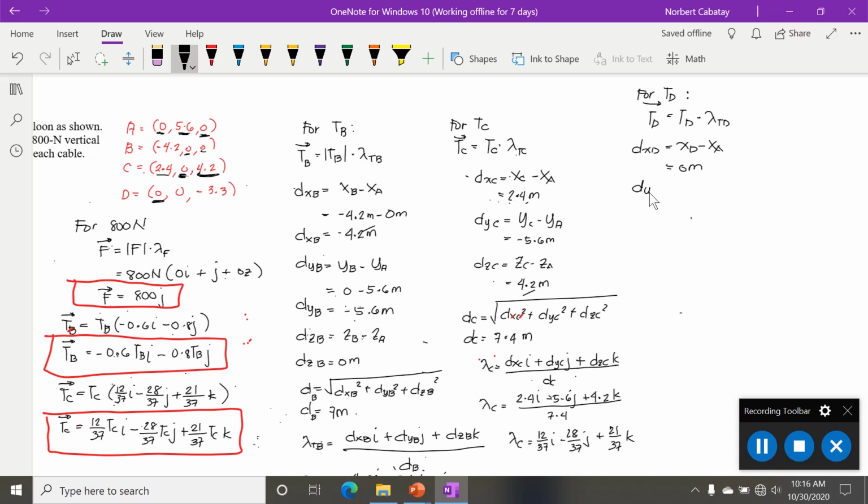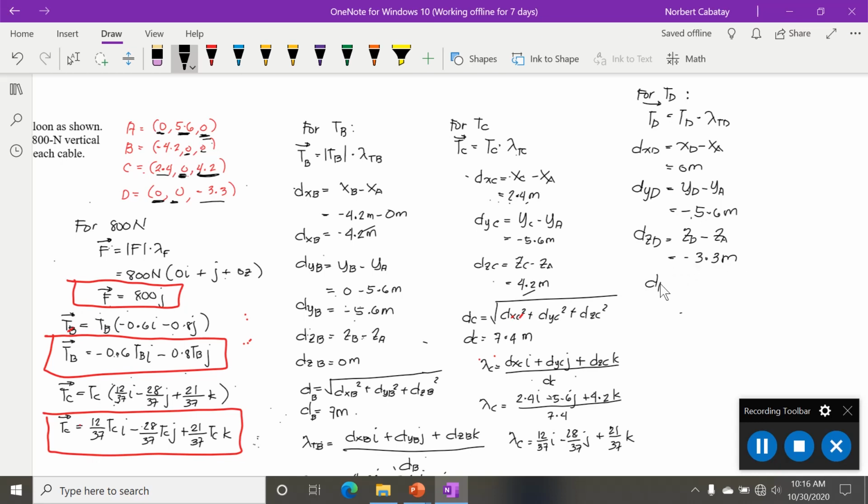Then, d sub yD rather is y of D minus y of A. So, that will be ito, 0 minus 5.6, so you have negative 5.6 meters. Then, d sub zD is z of D minus z of A. So, ito yun, negative 3.3 minus 0. So, you have negative 3.3 meters.